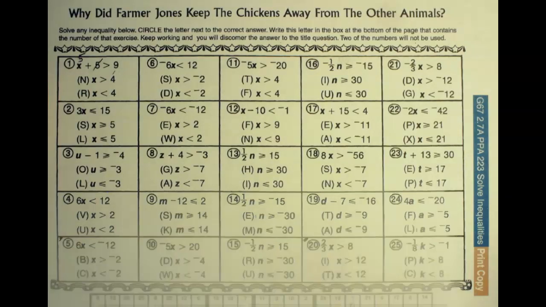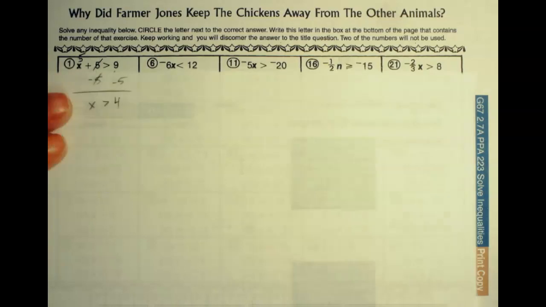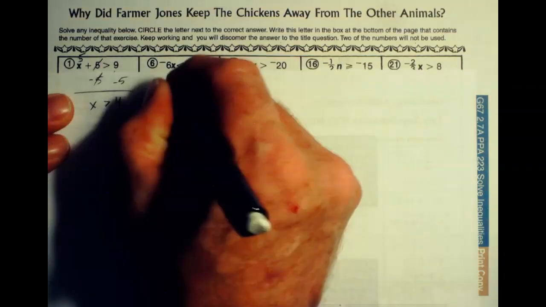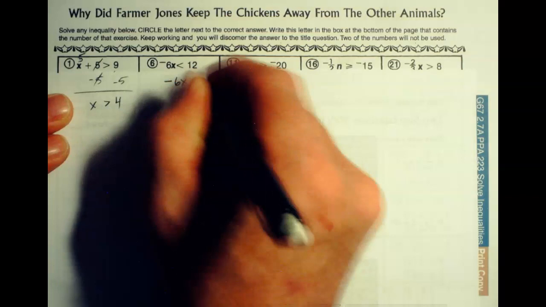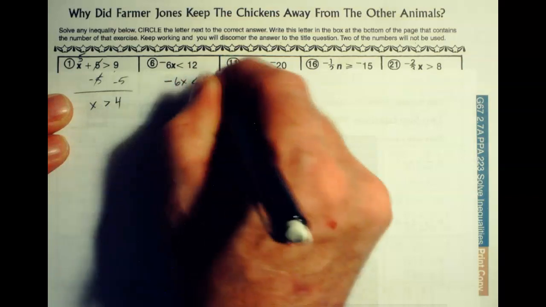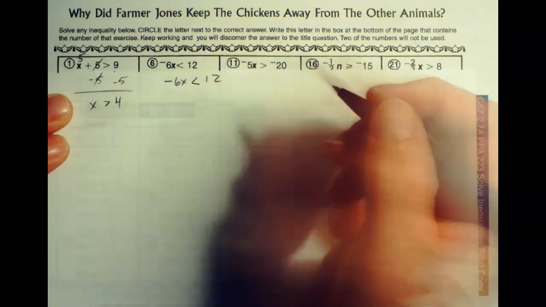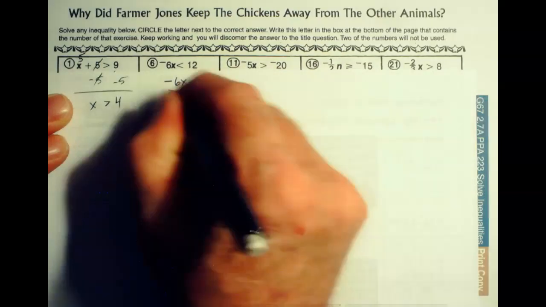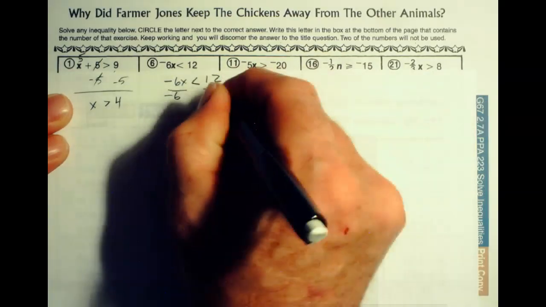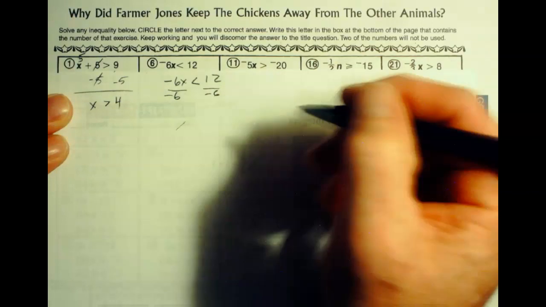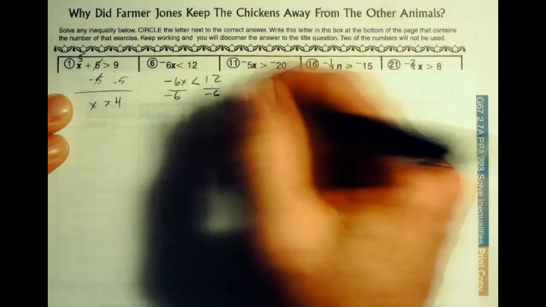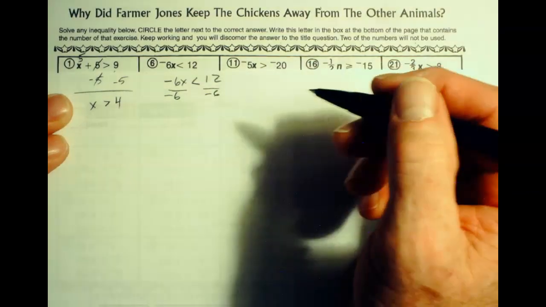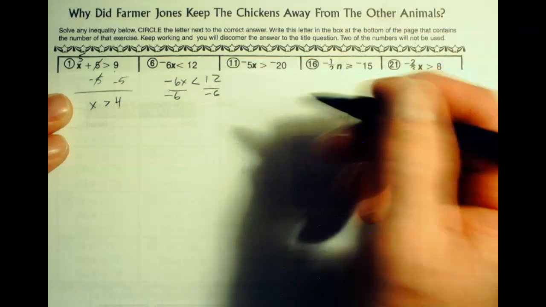All right, let's take a look at the second one here. So now we have negative 6, and I'll write this out. Negative 6x is less than 12. Now here, we're going to have to divide by a negative 6. And when you divide both sides by a negative number, or when you multiply both sides by a negative number, then you have to flip the inequality symbol.